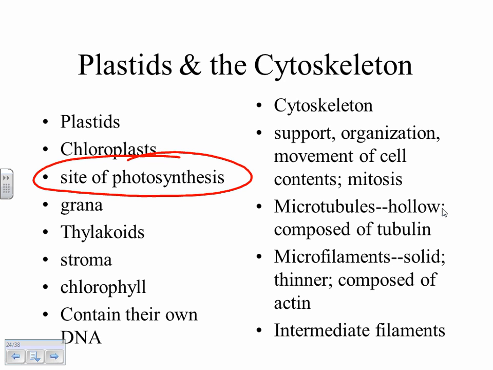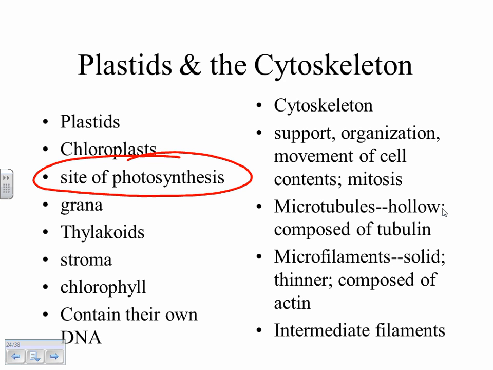Endosymbiotic. That eukaryotic organelles started out as what? Bacteria that got engulfed by bigger bacteria. And then over time it worked out to be a good deal for both. And that gave way to eukaryotic cells.